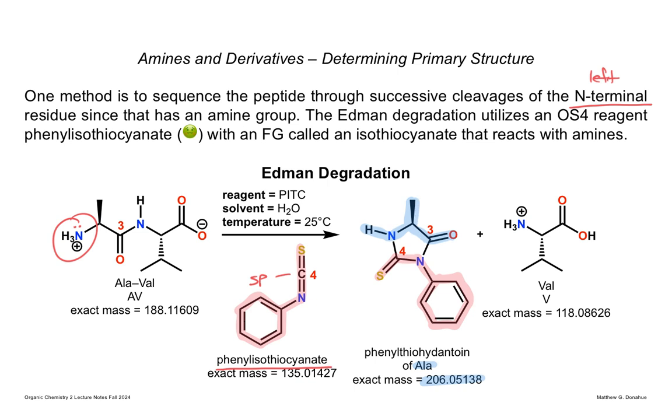So basically, you can make a library of these thiohydantoins, get their masses, and then as you start determining your sequence, you say, okay, it has this mass, so the N-terminal of that sequence is alanine. And then in this reaction, you're left with valine, but imagine you have 50 more down the chain.